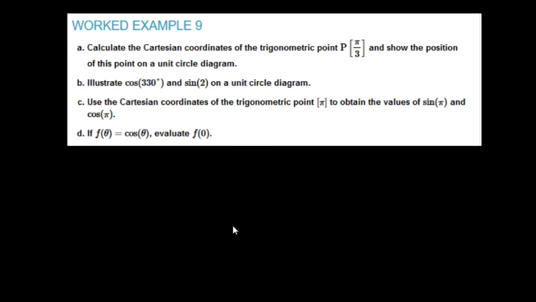Example 9, calculate the Cartesian coordinates of the point pi on 3 and show the position of this point on the unit circle.